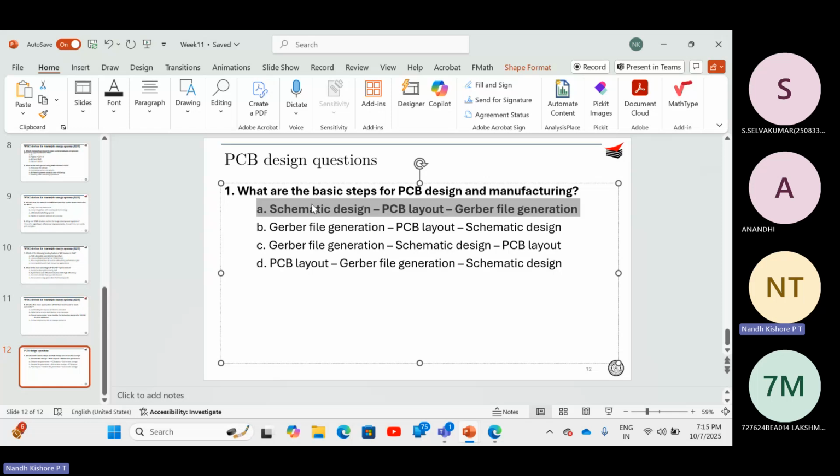So if you have a MOSFET, you will use a MOSFET symbol in the schematic, wherein you tell that, okay, this is how the connection looks like.